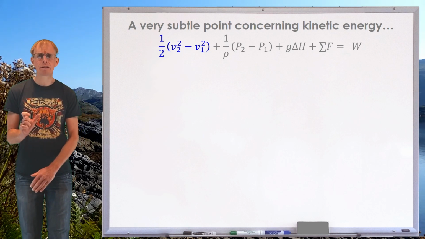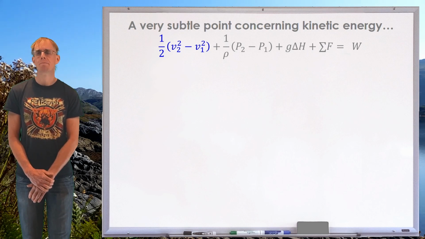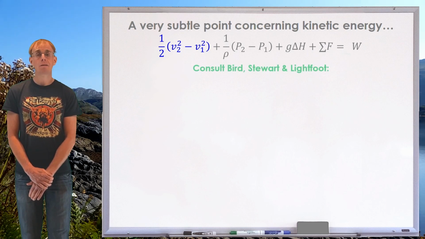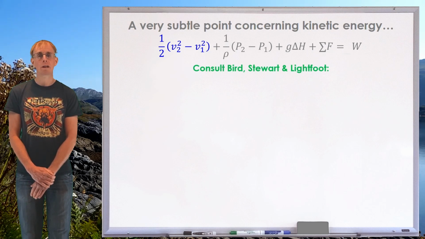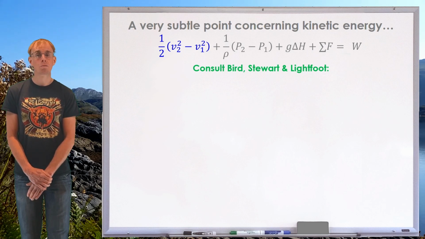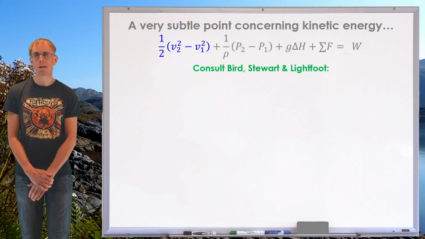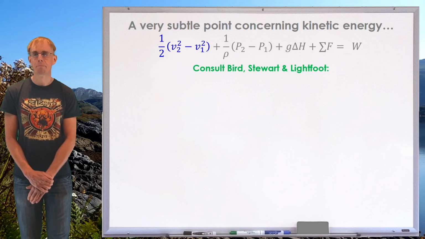So let's look in a little more detail at what that kinetic energy term has in terms of its origin. One of the best and most thorough resources for this is Bird, Stewart and Lightfoot's Transport Phenomena. Of course, Professors Bird, Stewart and Lightfoot were all professors at the University of Wisconsin-Madison, and their book on transport phenomena has completely changed how we teach many aspects of chemical engineering.